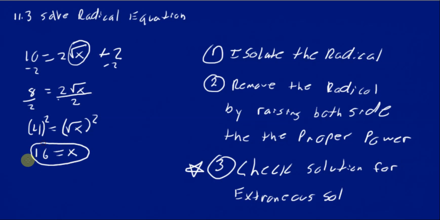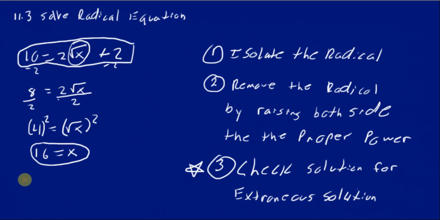Here we just got one answer. Sometimes we're going to have a bigger equation there. And we get that problem sometimes when we do these problems because we're squaring both sides of the equation.